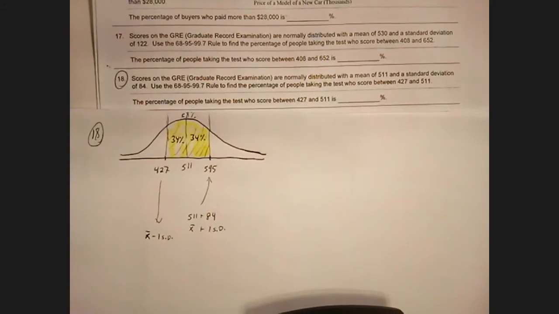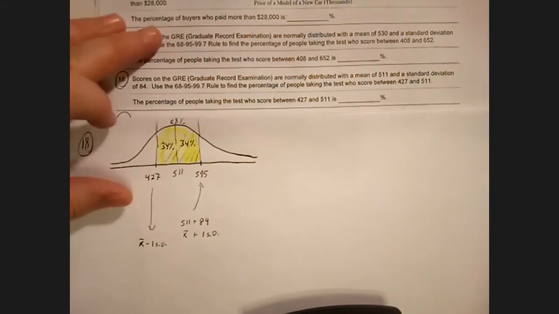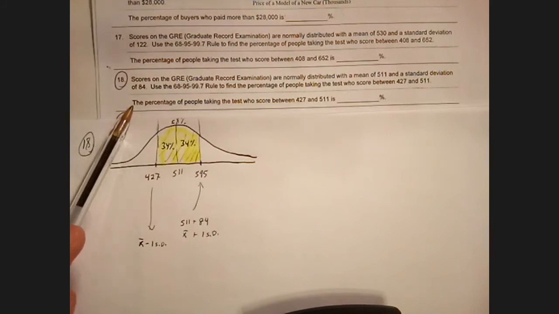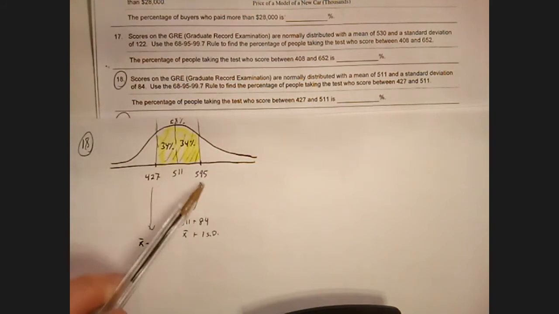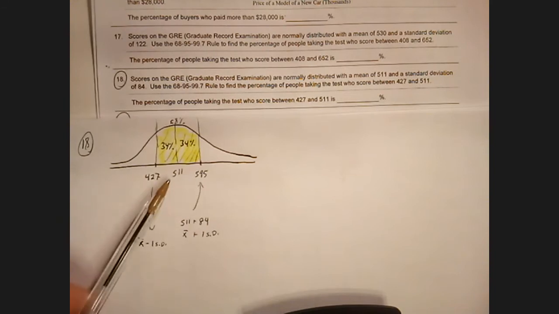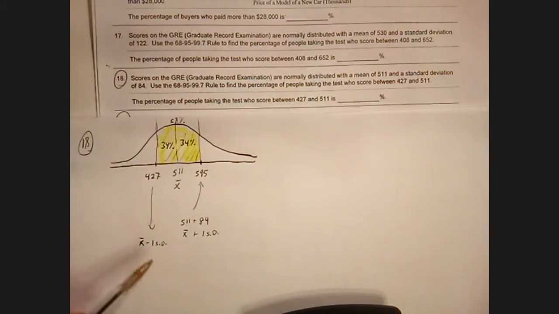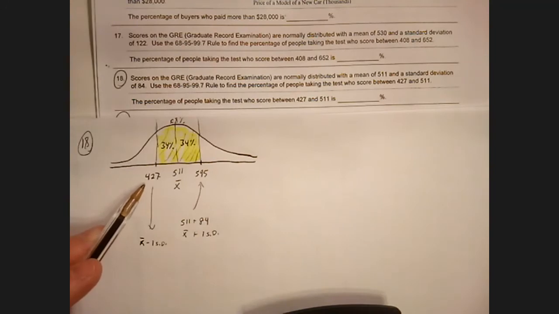So let me actually see what they want. I jumped the gun and turns out that's what they want there. The percentage of people taking the test who score between 427 and 511 is what? Okay, so 511 is your mean. 427 is here, so between 427 and 511 is only half of that 68, and it is the 34.